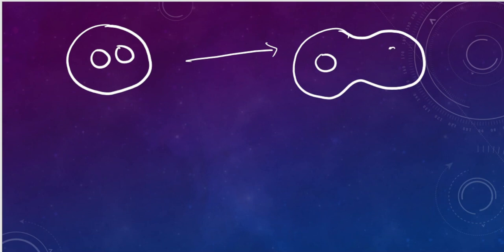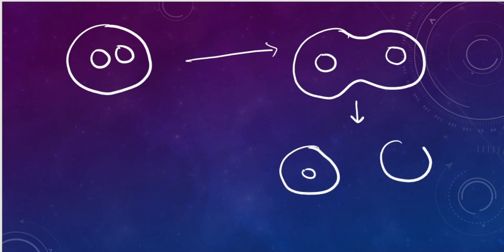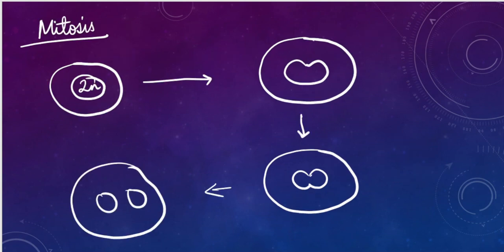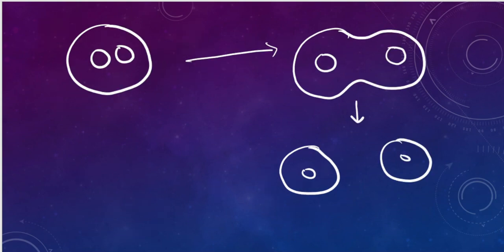There are many steps, but to make it simple I am teaching normally, and I will teach each topic in depth. Finally you will get two cells. So first there was nuclear division. In all divisions, first there is nuclear division, and then cytoplasmic division.